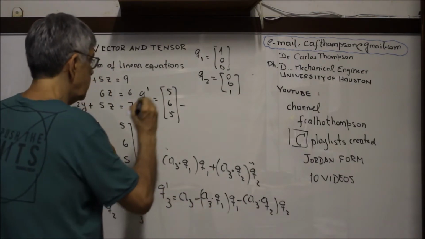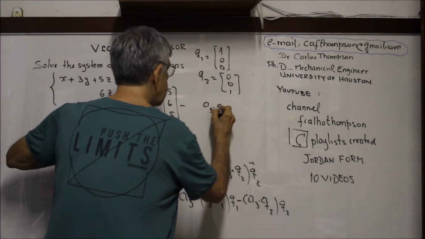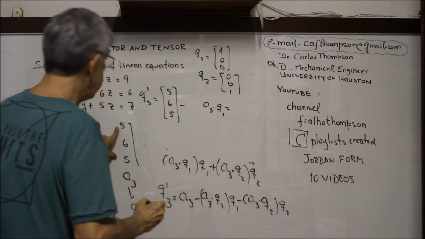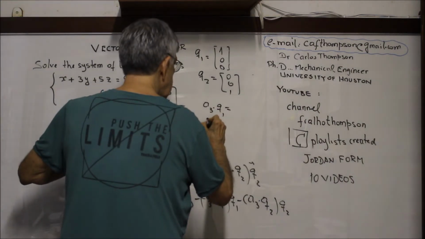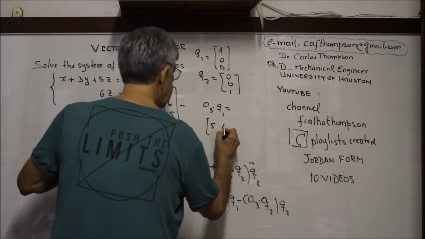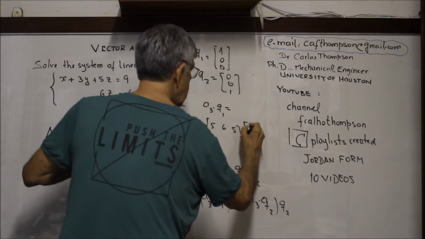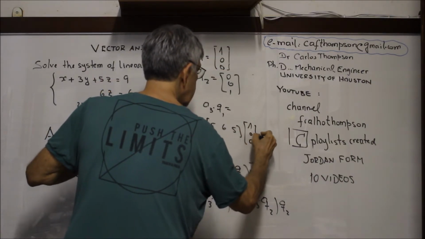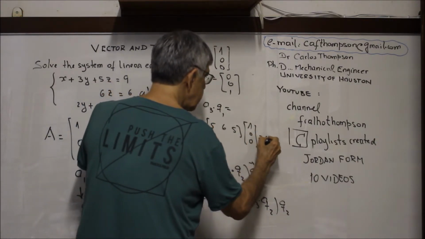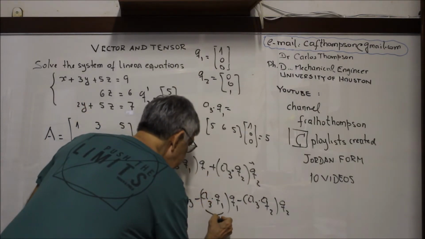A3 dot Q1. Let's write down here. I'll put A3 is 5, 6, 5 dot Q1, 1, 0, 0. Okay? Now, this row times this column, so this will be 5. Okay? So, this is 5.